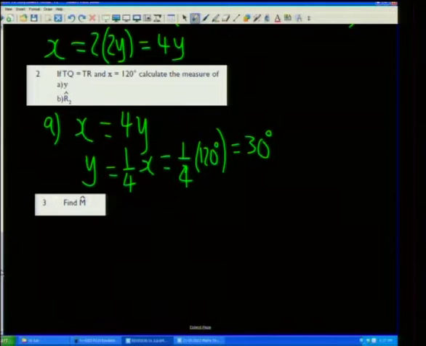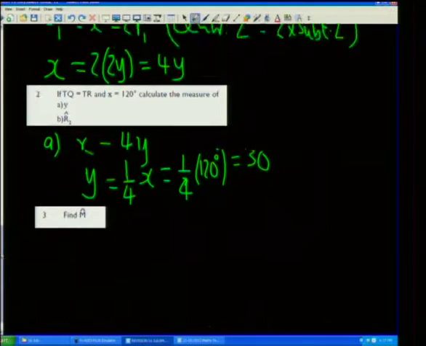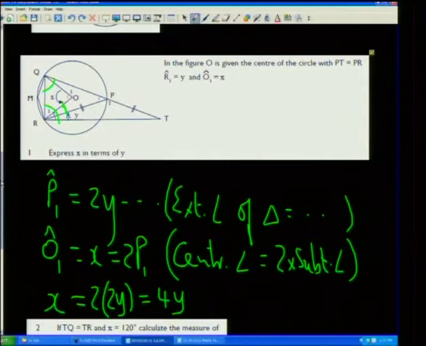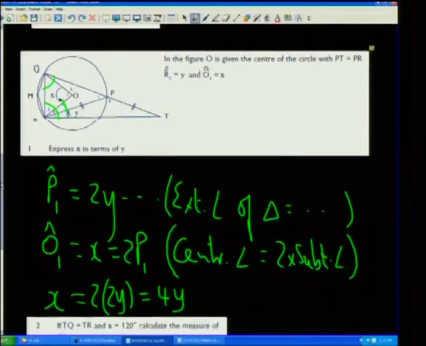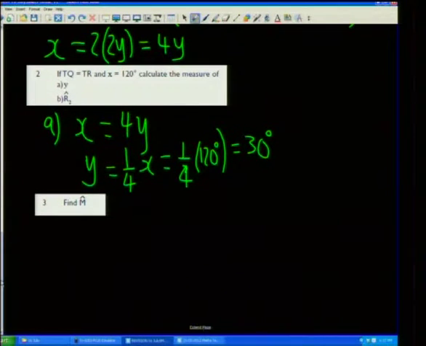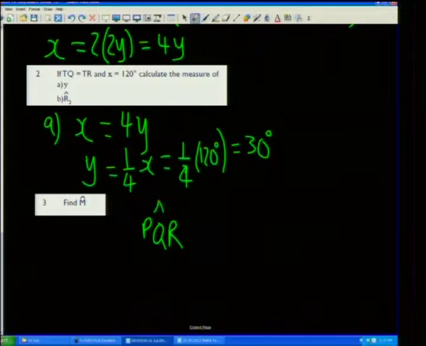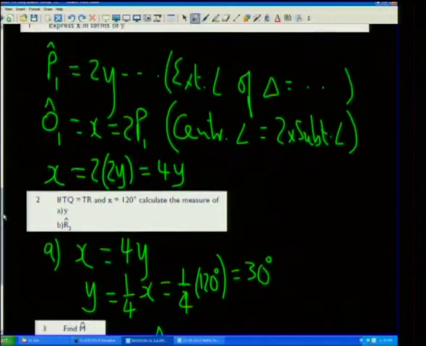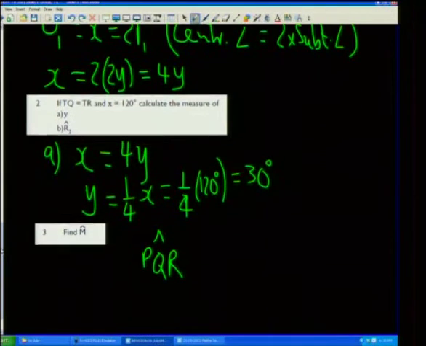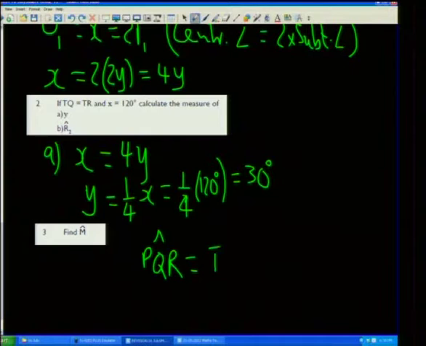Okay. So the statement we made is that PQR is equal to QRT. Angle PQR is equal to TRQ.